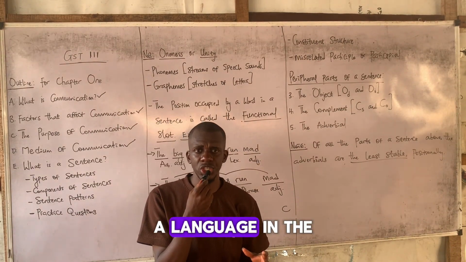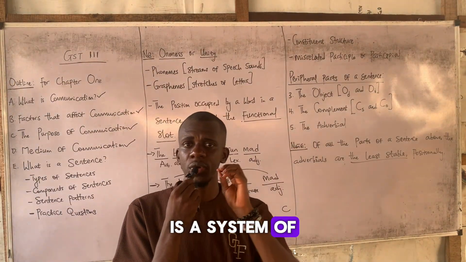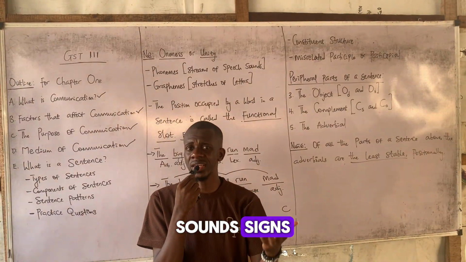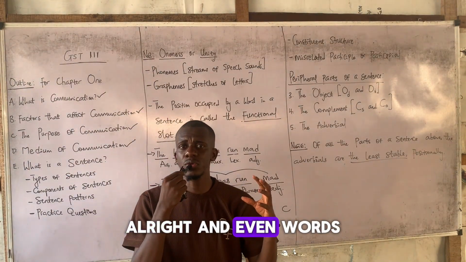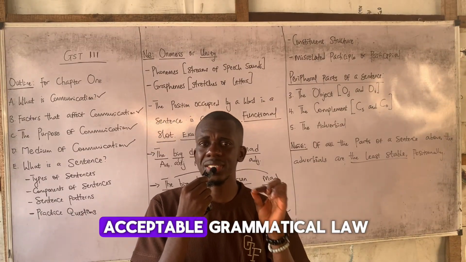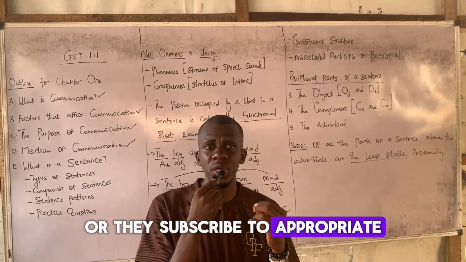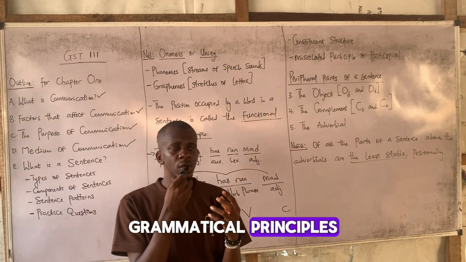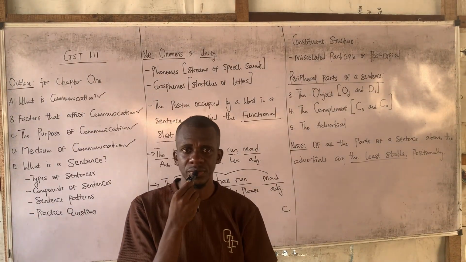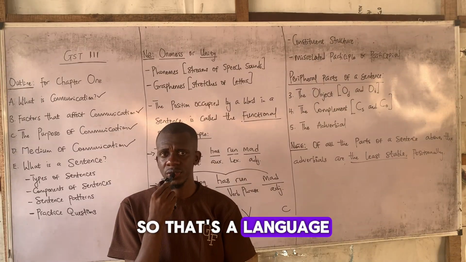Now, a language, in the simplest of definitions, is a system of alphabets, that is letters, sounds, signs, and even words, which adhere to an acceptable grammatical law, or subscribe to appropriate grammatical principles which govern their usage or utilization. You see that now? Excellent. So that's a language.